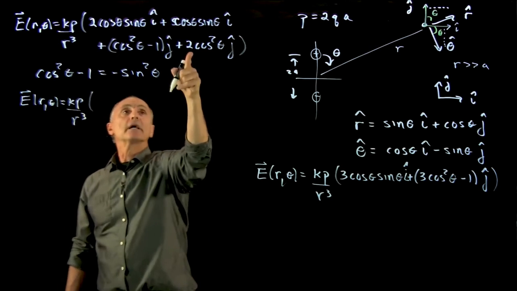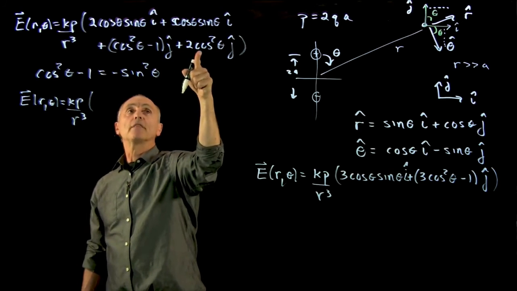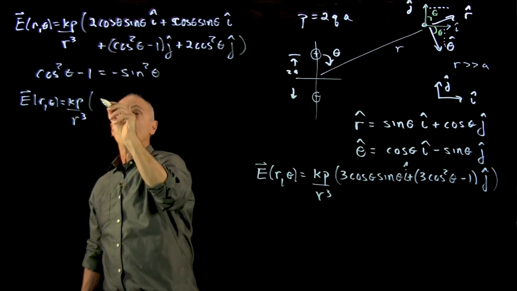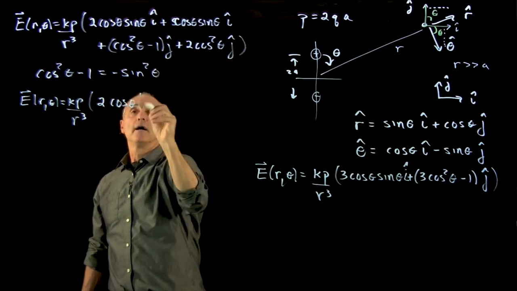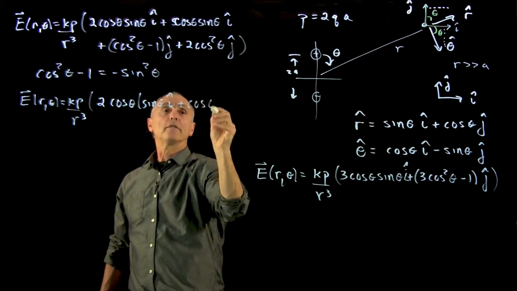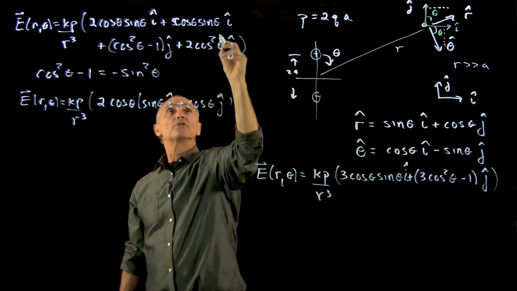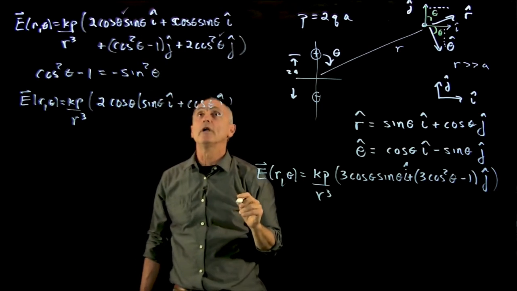And now I'm going to collect these factors. I'm going to pull out a cosine theta here, there, and a 2. So I have 2 cosine theta times sine theta i hat plus cosine theta j hat. Let's just tick the terms off that we've used so far.